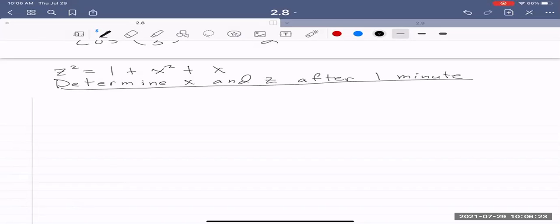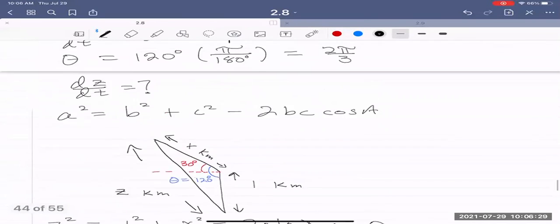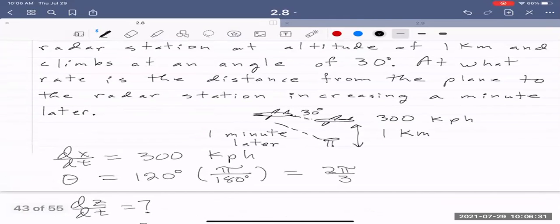Okay, so this is traveling at 300 kilometers per hour. 1 minute is a 60th of an hour.